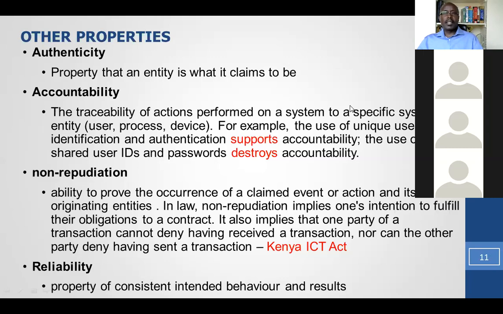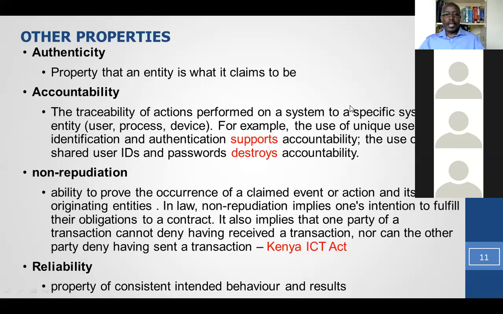Think of finance systems, like procurement and general finance systems, where you want to be able to drive accountability to a person who performed a particular transaction in the system. Then there is non-repudiation, the ability to prove the occurrence of a claimed event or action and its originating entities.